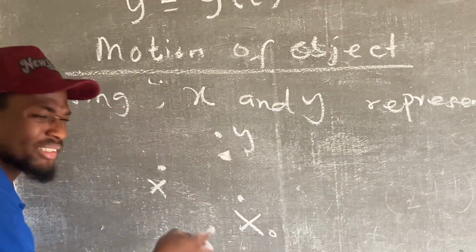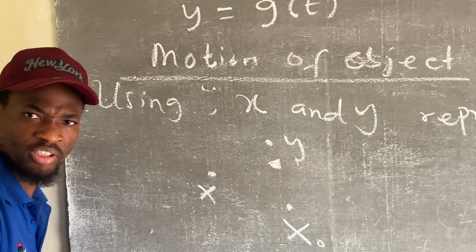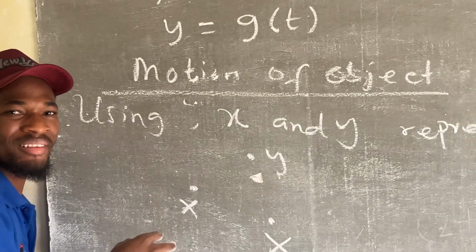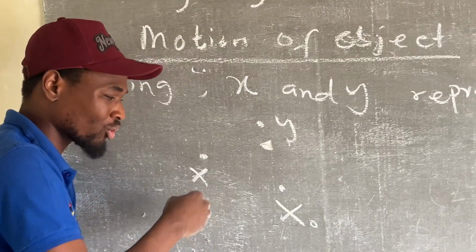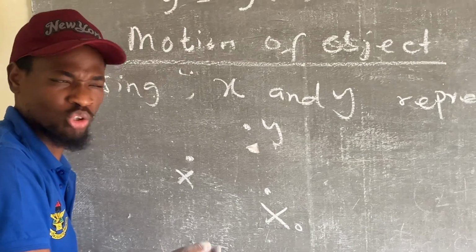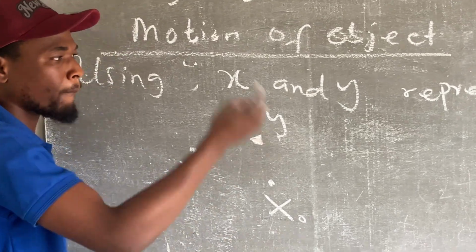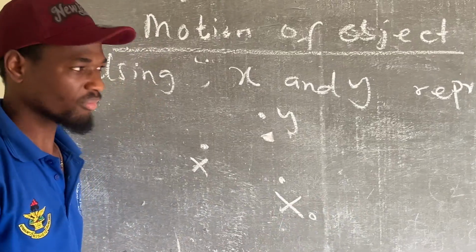At what time did this particle move to this side? Do you understand that way? So parametric equation goes beyond just the position, it also talks about the time. Do you understand? The time the body took to describe the motion, right?